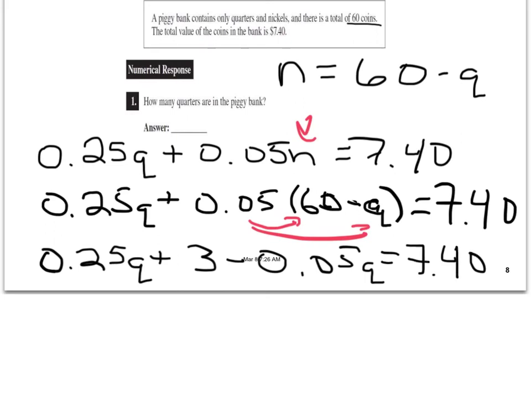Now the last part is you have two sets of like terms. You have two q terms and two constant terms without a variable.